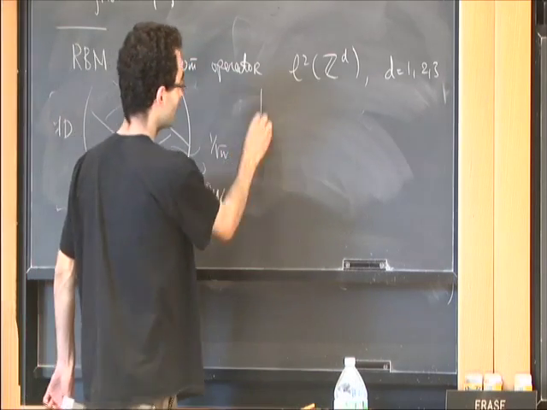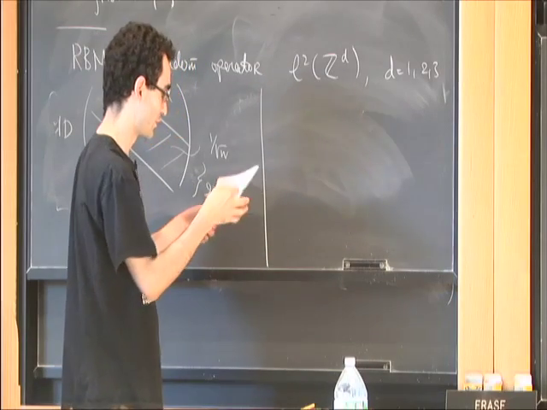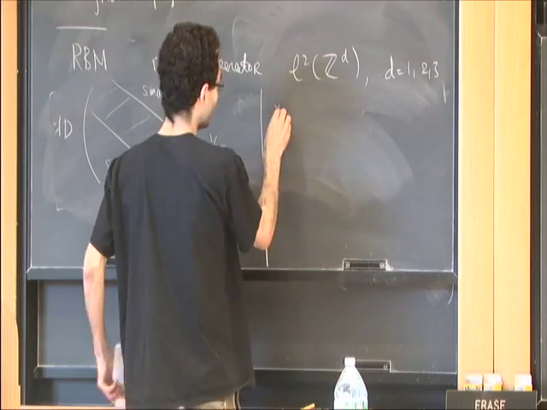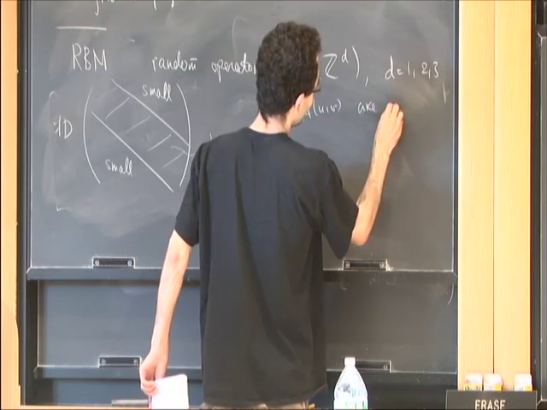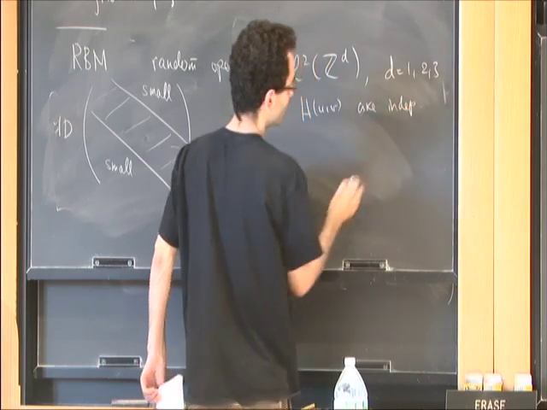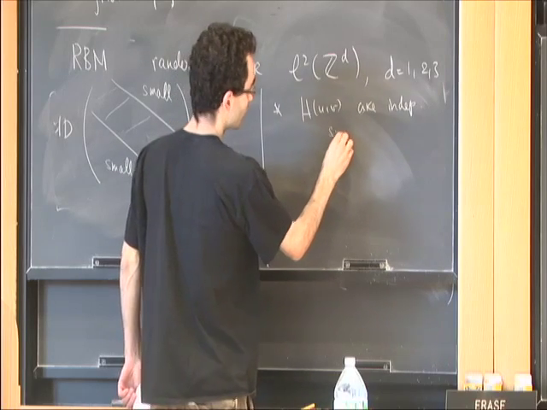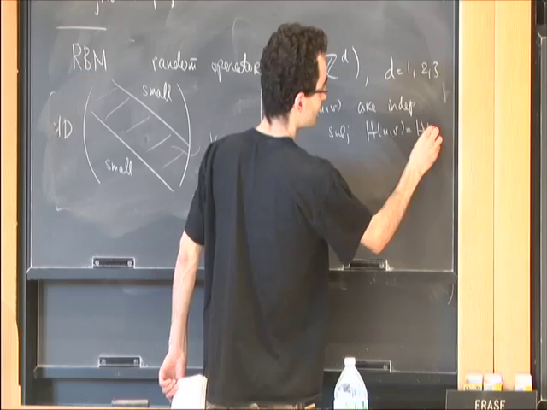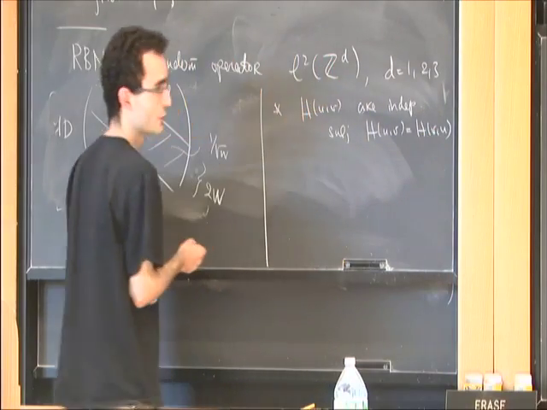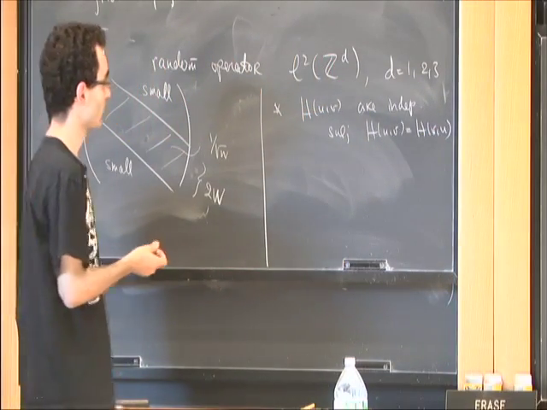Slightly more formally, I will impose 3 conditions. First, that the entries are independent random variables subject to the condition H_uv equals H_vu, which we need to make the operator self-adjoint.